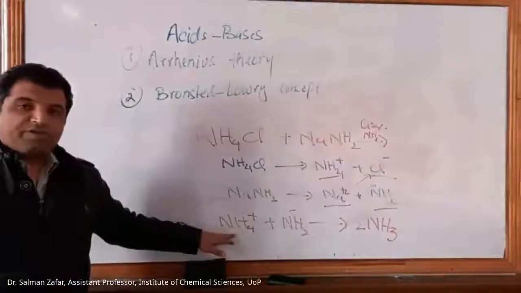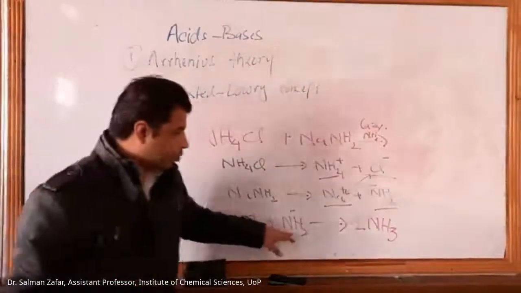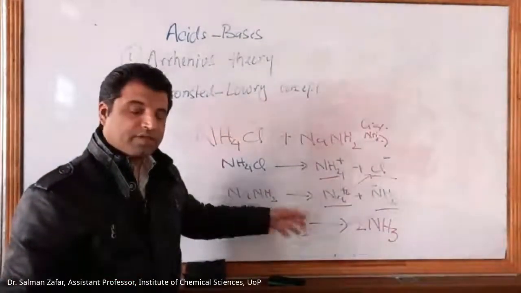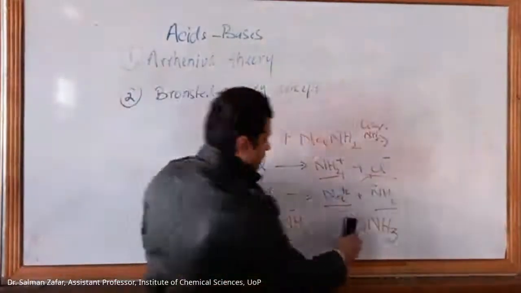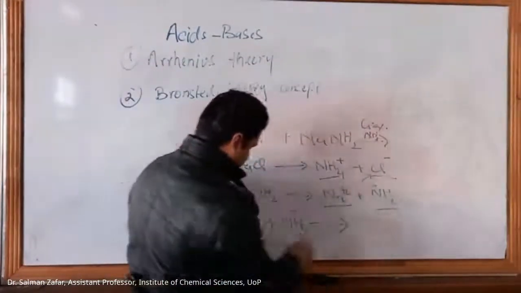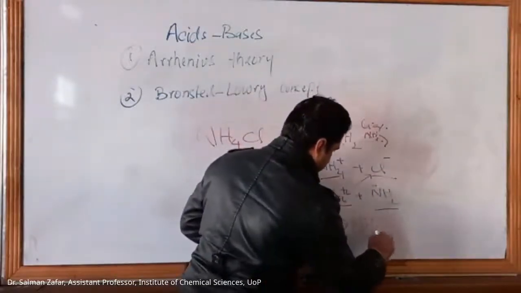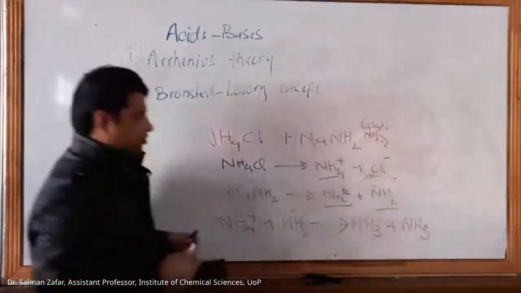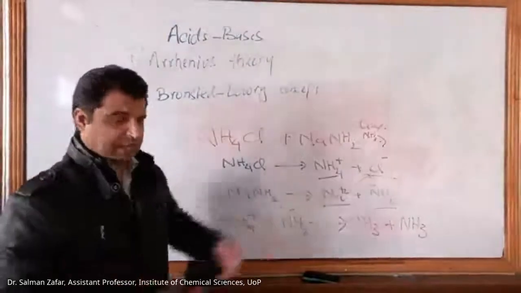One after the donation of hydrogen ion by ammonium ion, and one after the extraction of hydrogen ion by the amide ion. Let me write it in this form. NH3 plus NH3.